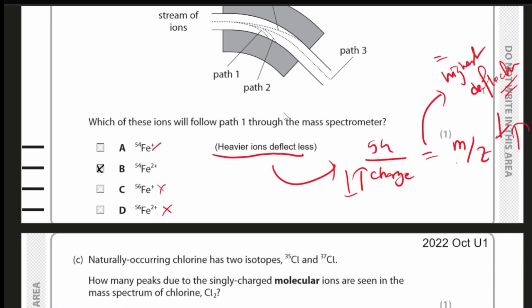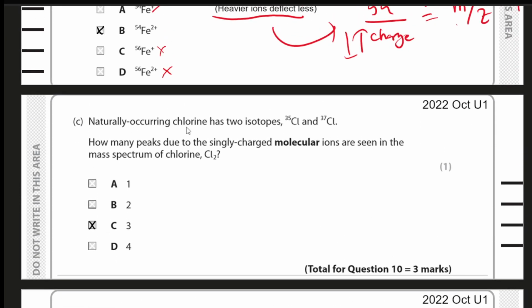Moving on to the next part, naturally occurring chlorine has two isotopes, chlorine-35 and chlorine-37. Now they ask here how many peaks due to the singly charged molecular ions are seen in the mass spectrum of chlorine. Before that we need to check the possible combinations of chlorine atoms in chlorine. We can just use these isotopes and find the combinations.